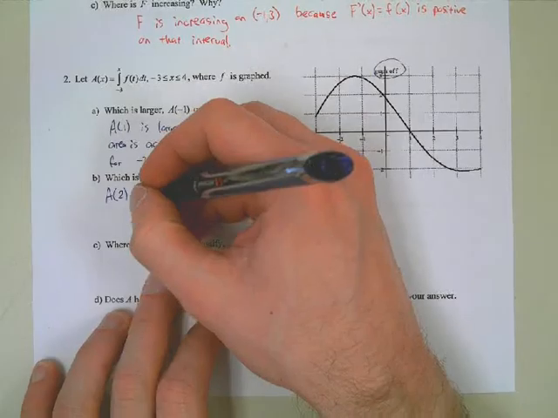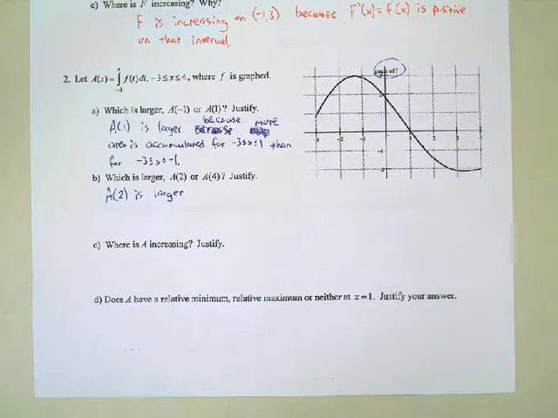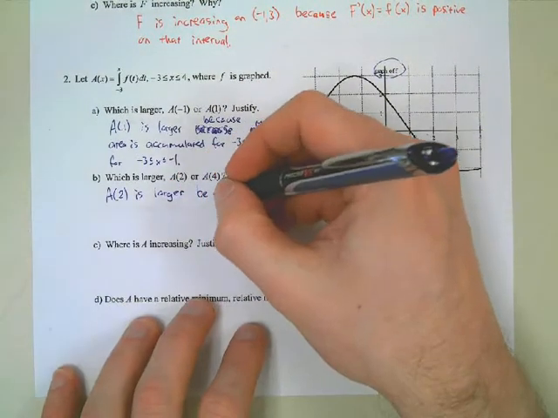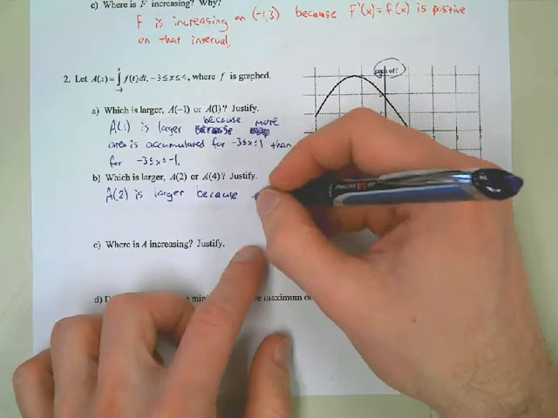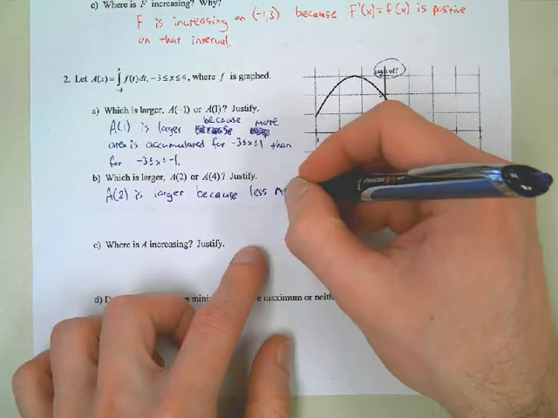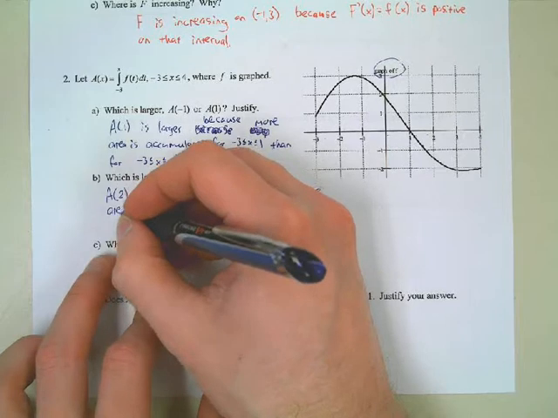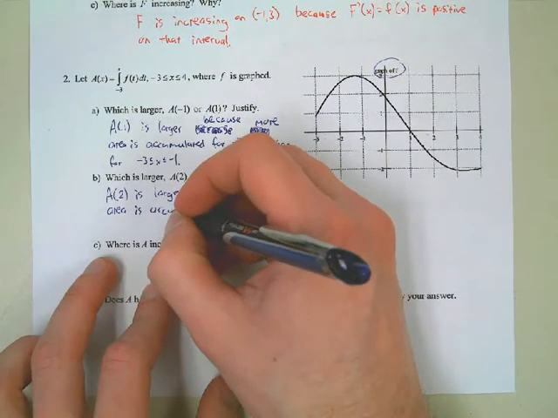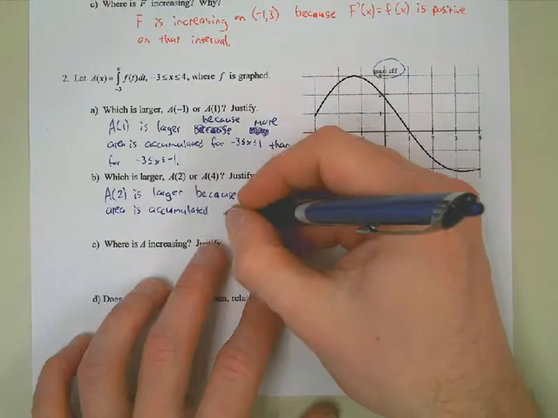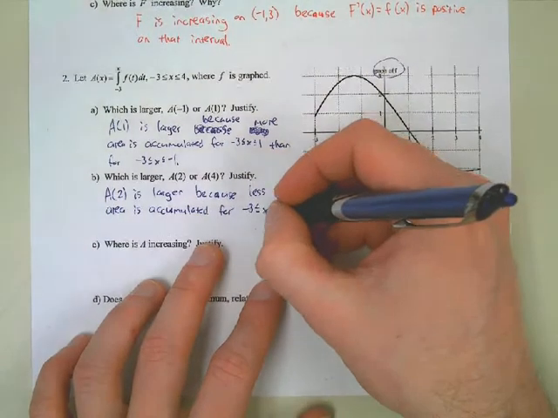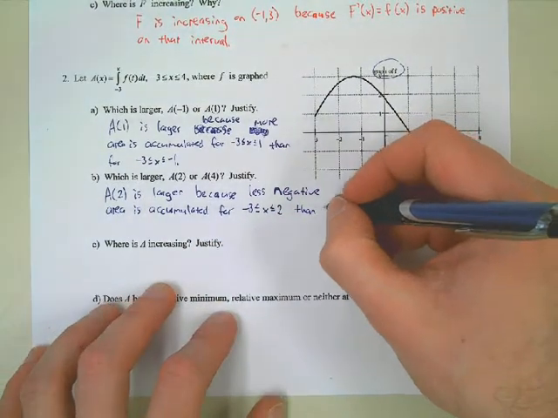And again, Ryan could alternatively give a very similar increasing, decreasing argument if he chose to as well. So B, both are legit. So A of 2 is larger because, and again, there's different ways to put it, I'm just going to say less negative area is accumulated for -3 less than or equal to x less than or equal to 2 than for -3 less than or equal to x less than or equal to 4.